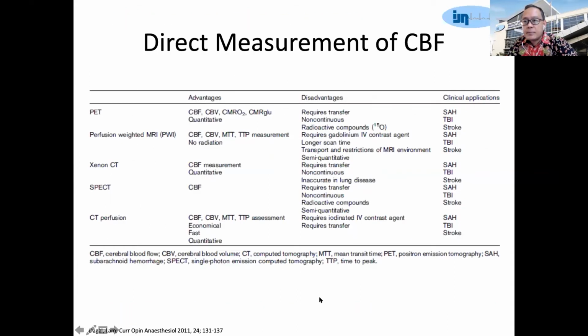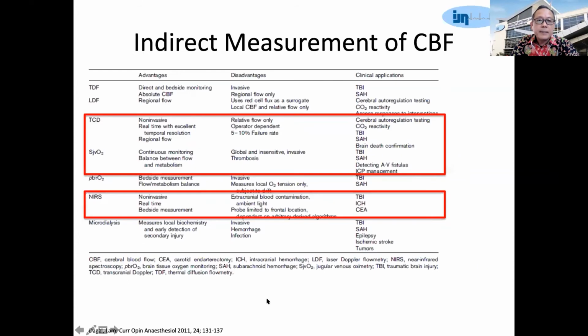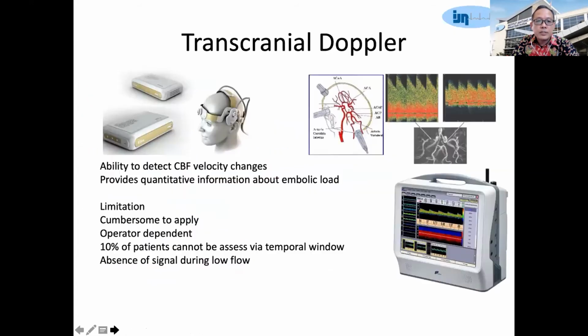We can measure the cerebral blood flow using either direct or indirect measurement. The direct measurement might not be applicable in the operating theater, but for indirect measurement, we can use transcranial Doppler. We could also monitor the jugular vein oxygen saturation, or we could use near infrared spectroscopy for our extrapolation.